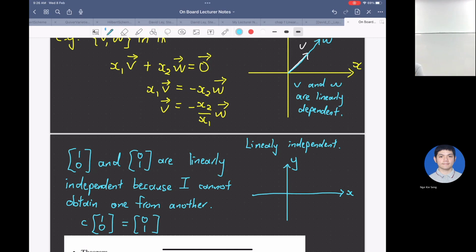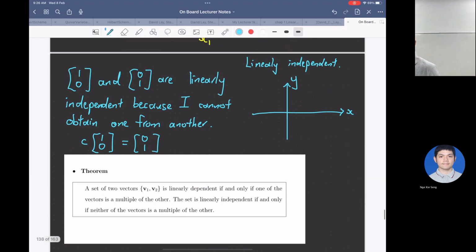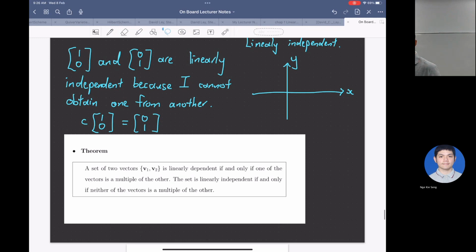You can never do that. So this is what linearly independent means for the two vectors case. For more vectors, you can use only two operations: scalar multiple and vector addition.